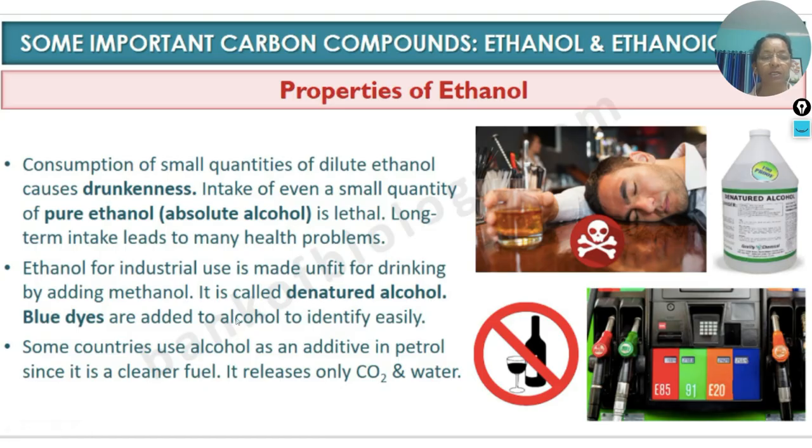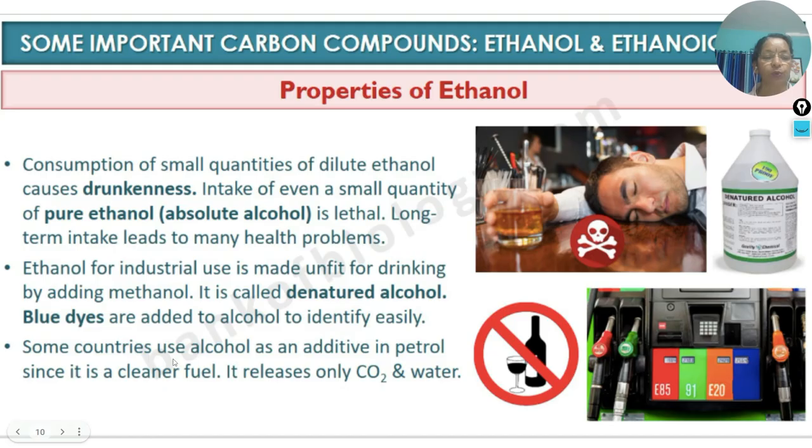Methanol is a poisonous substance which can cause death, and you may lose your eyesight even with a very dilute amount. If you take a large quantity of methanol, it may even cause death. So that is denaturing of alcohol: mixing poisonous methanol with the drinking alcohol.